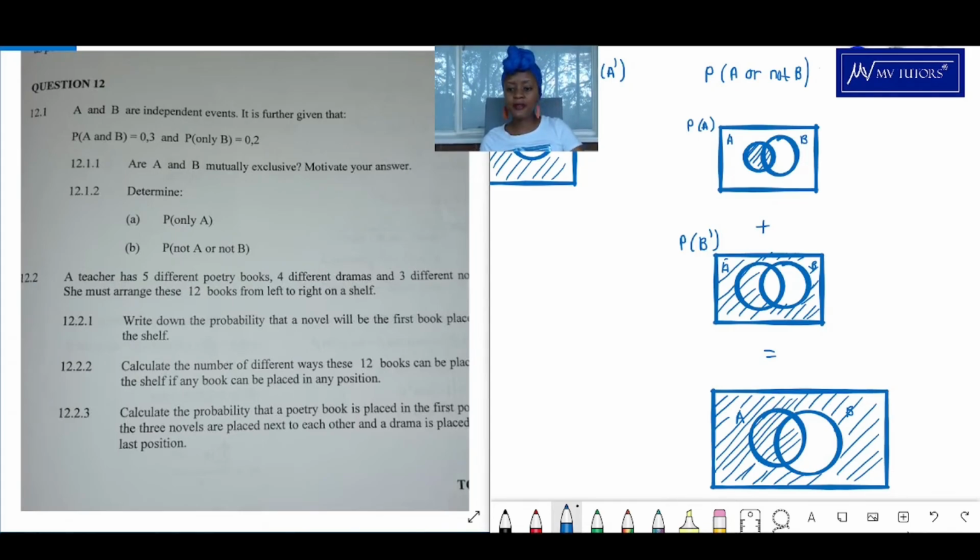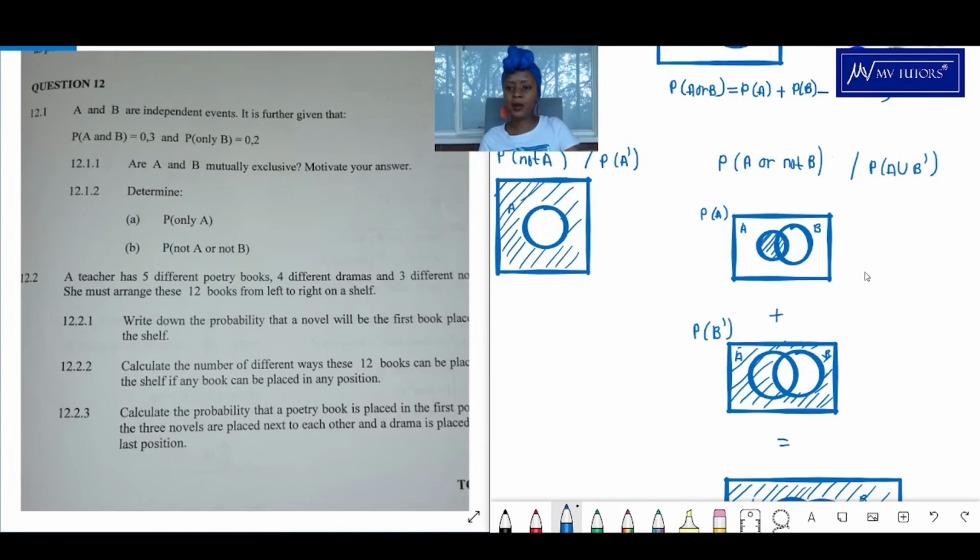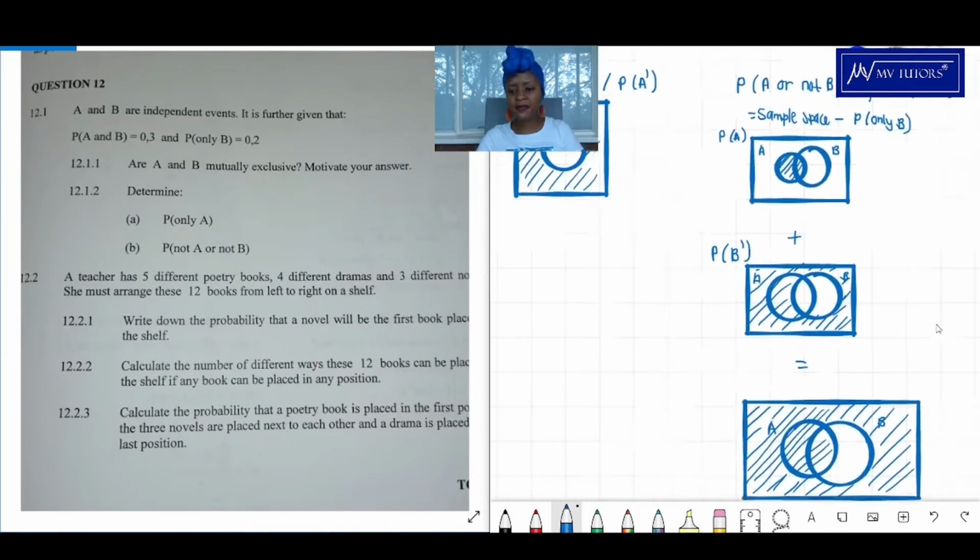Okay, so maybe let's say in summary, if you have this type of equation where it says probability of A or not B, it's everything else. It's basically your sample space minus the probability of only B. Okay, because your answer is going to be everything that's shaded.